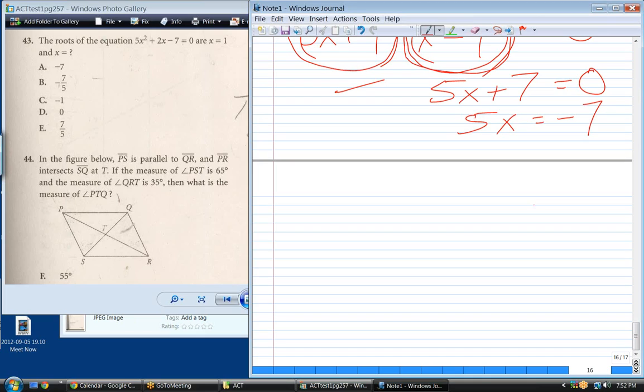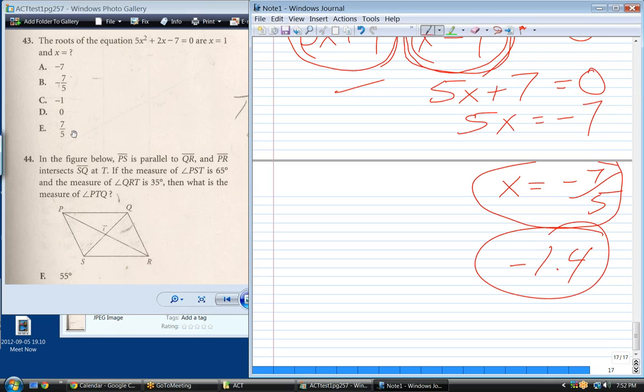Now what? Divide by 5. There's our answer. Notice that I didn't use a calculator and I got straight to it. You got the right answer, negative 1.4, but that isn't on multiple choice. They put the answers you would get if you were going to do it manually.